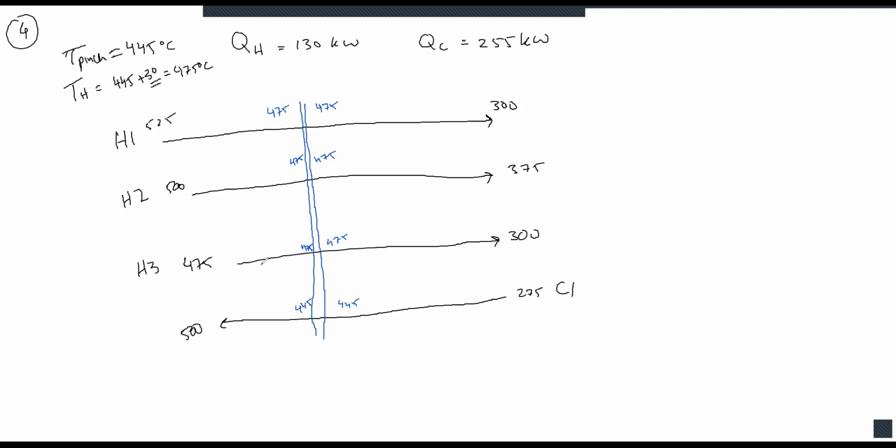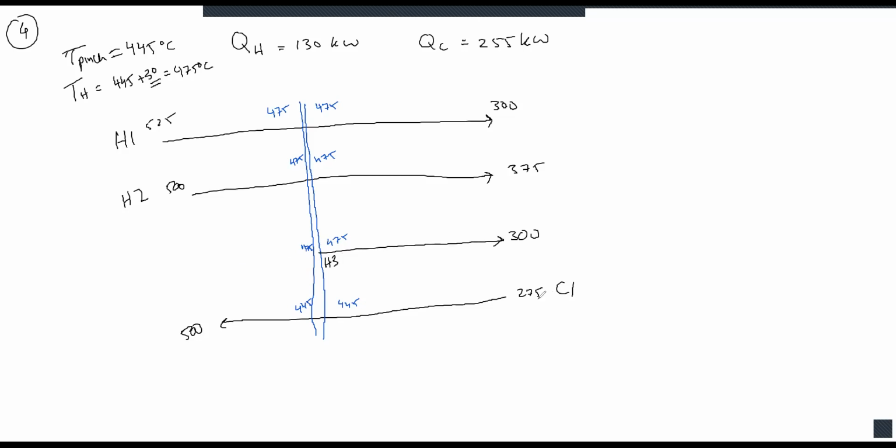So now let's clean up our diagram. As you can see here, 525 to 475, 475 to 300, that's fine. 500 to 475, 475 to 375, that's fine. 475, 475, so there is no H3 above the pinch, right? So let's just draw it only below the pinch. So H3 only exists below the pinch from 475 to 300.